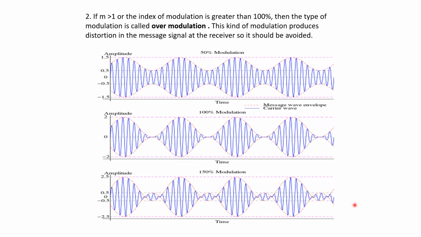As you will see when we discuss the demodulation process or the detection process, this kind of signal which will be received at the receiving end, or at your radio or your transistor, will be a distorted signal, and the quality of the signal will be greatly deteriorated. Okay, so this is the case of over modulation.